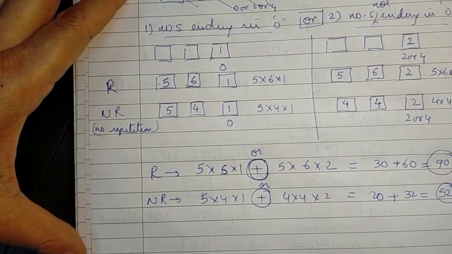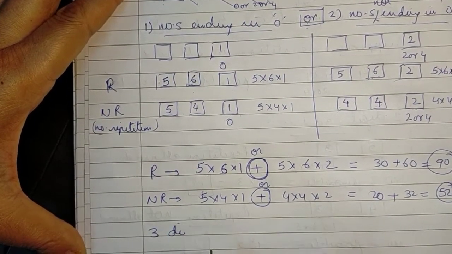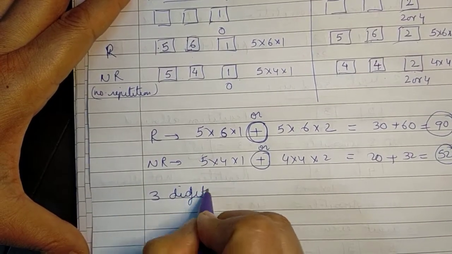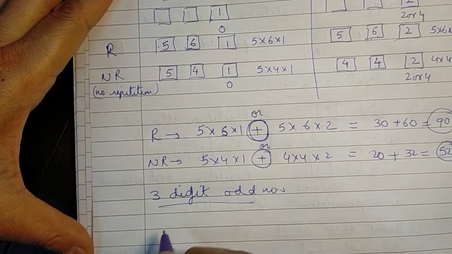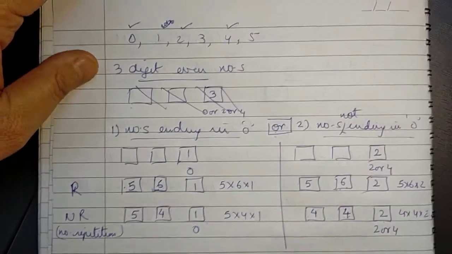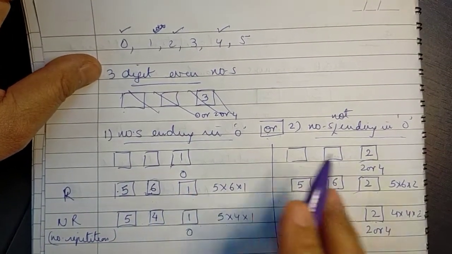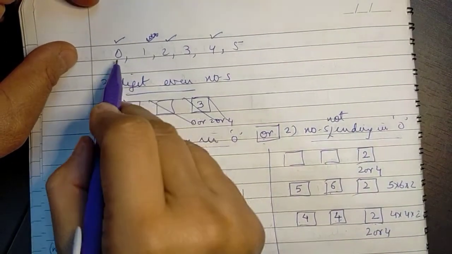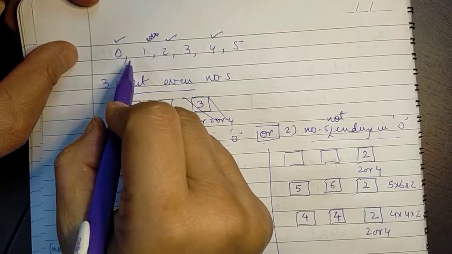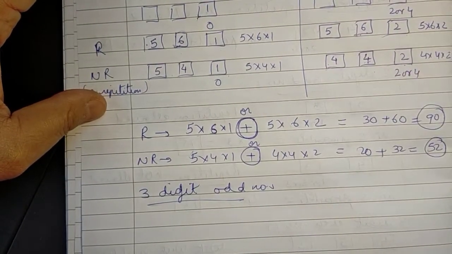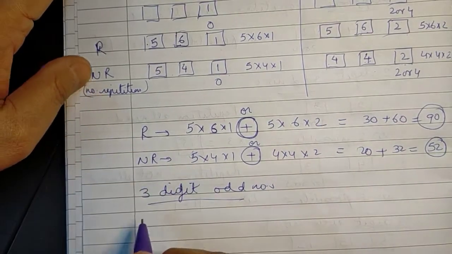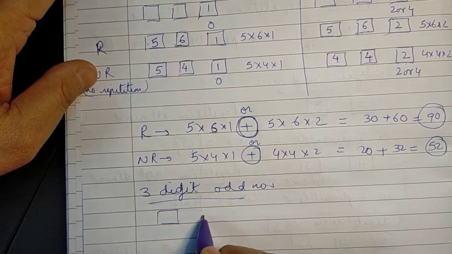Same way you can have 3-digit odd numbers. Now here we don't have to split it into two parts like numbers ending in 0 and not ending in 0, because numbers ending in 0 are even numbers, not odd numbers. So we have only two cases, repetition allowed or repetition not allowed.